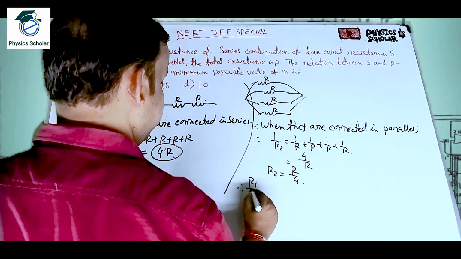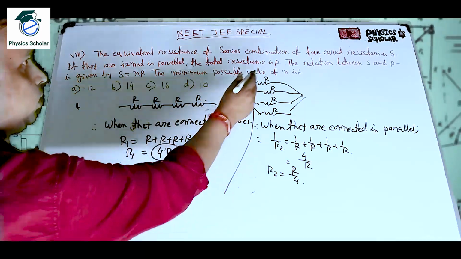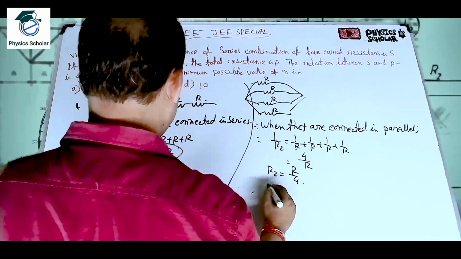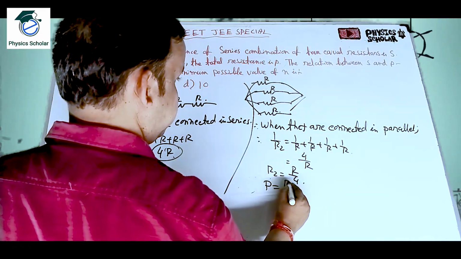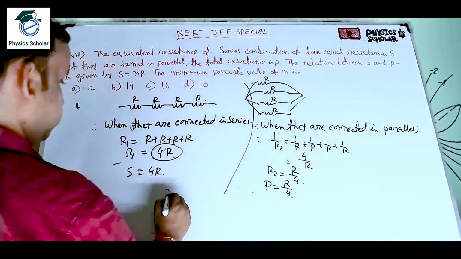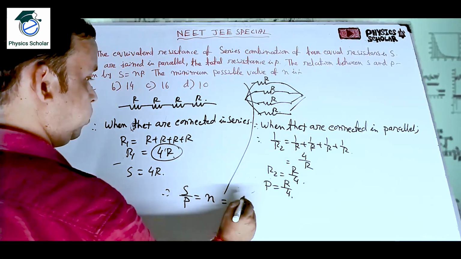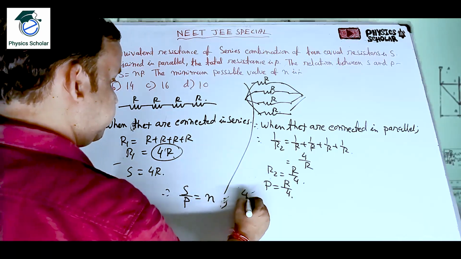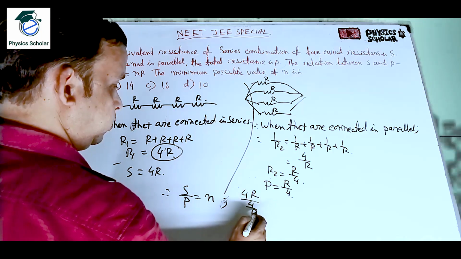Therefore, R1 is written as S, so S is equal to 4R. And R2 is written as P, so P is equal to R by 4. So S by P is equal to N. What is the value of S? S is 4R divided by R by 4.